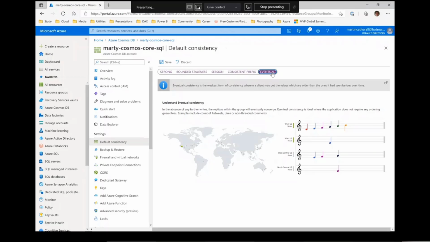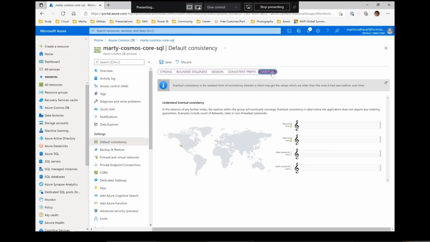If you post something on your social media, your friends that are close might see it straight away. Who cares if your friends over in the other side of the world don't see it for a minute, an hour, a day? So long as it's eventually consistent, that's all we really need.